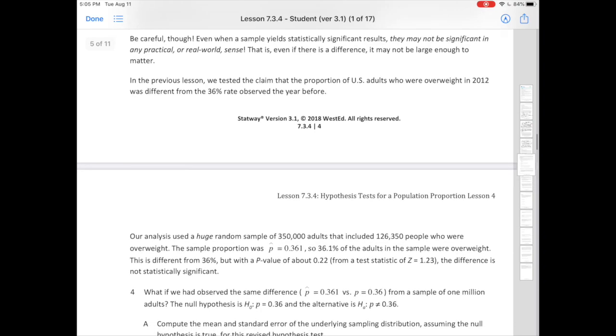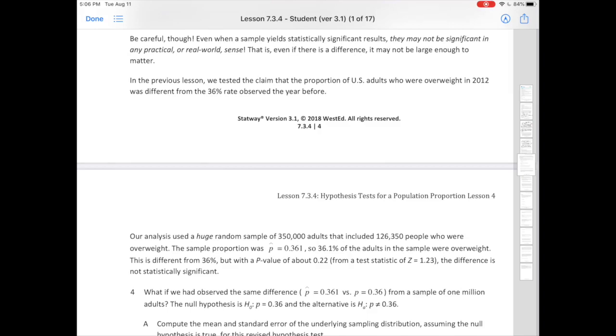Okay, so we're going to do some examples here. In the previous lesson, we tested the claim that the proportion of U.S. adults who were overweight in 2012 was different from the 36% rate observed the year before. Our analysis used a huge random sample of 350,000 adults that included 126,350 people who were overweight.